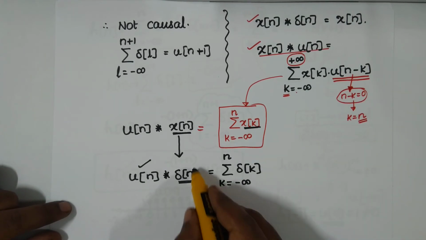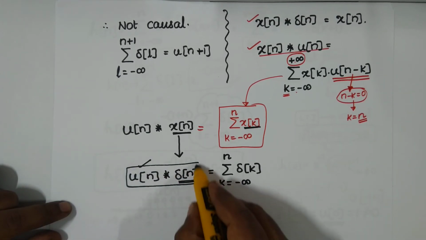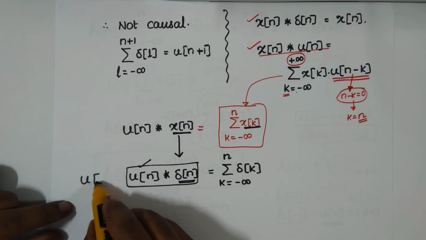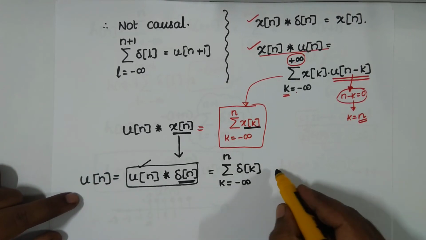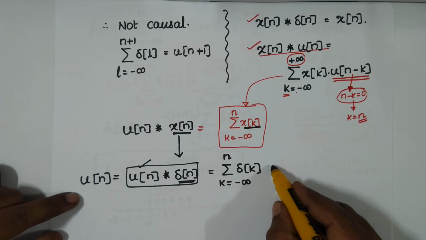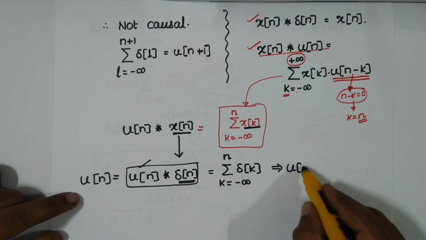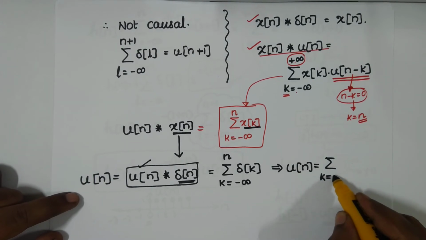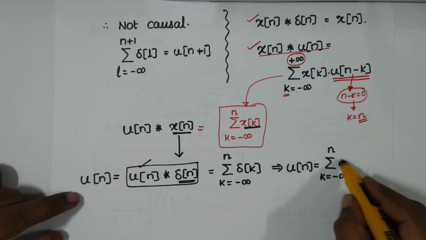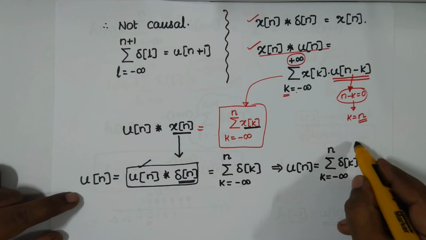So this left hand side quantity is nothing but u of n. So finally, u of n is equal to the sum from k equals negative infinity to n of delta of k. That's it.